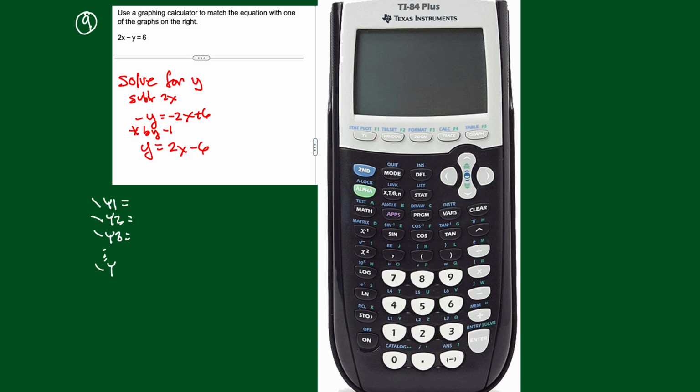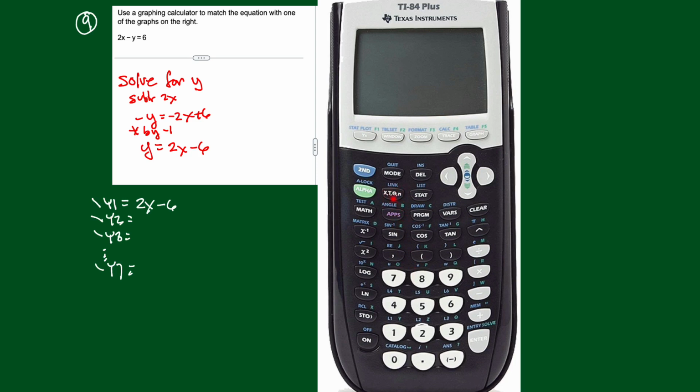Well, I can see 7 anyway on my calculator. But we need only 1, so under y1, type in 2x minus 6. So here's the 2, it's down here. Press the 2, and then the X key is right here. It's got 4 symbols on it.